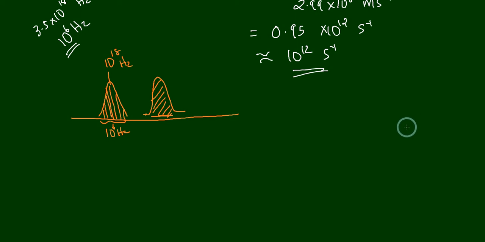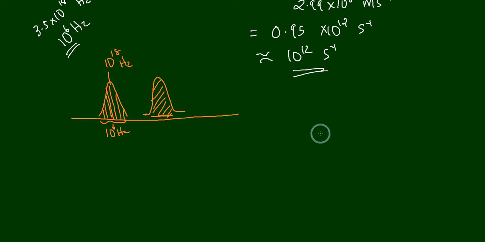So what Mössbauer understood is that it is because of the recoil velocity that the sample nucleus is not absorbing the gamma ray. So Mössbauer thought that somehow this recoil velocity should be minimized, or the nucleus recoil should be stopped.